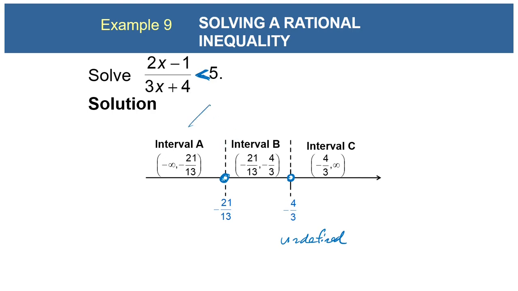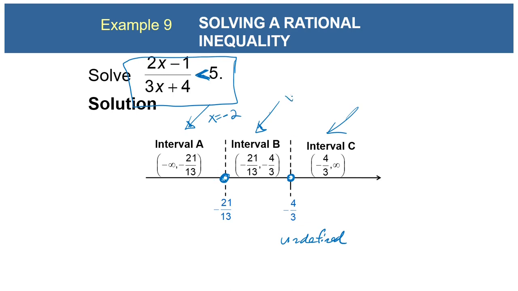So let's pick some values to the left of -21/13. Let's pick some values between -21/13 and -4/3. And then we'll pick something to the right of -4/3. And we'll plug it back into our inequality to check if it's a true or false statement. I'm going to pick x equals -2 because that's to the left of -21/13.